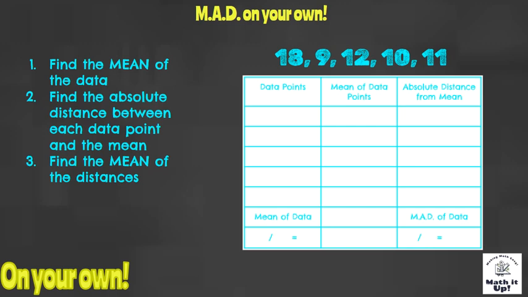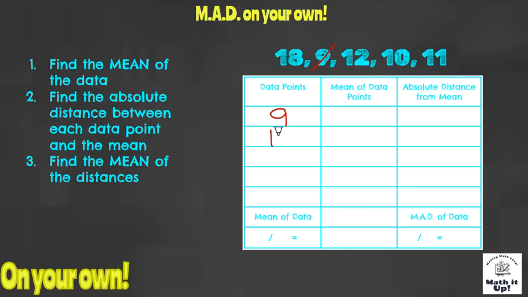All right, welcome back, and let's go ahead and take a look at the second data set. So here we go. Again, I'm going to use the table. You don't have to, but I like it for this type of work. So I'm going to put my data points in.